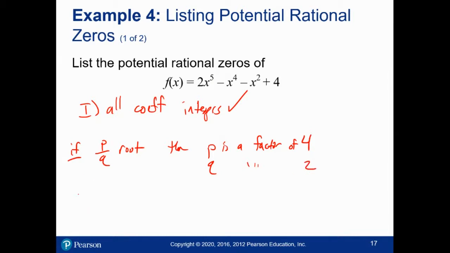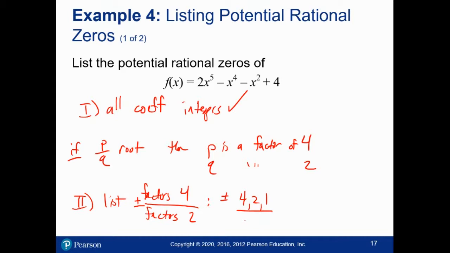So what you need to do for the second step is list factors of the constant term over factors of the leading coefficient, including pluses and minuses. So it's plus or minus. What are the factors of 4? Either 4 or 2 or 1. What are the factors of 2? Either 2 or 1.